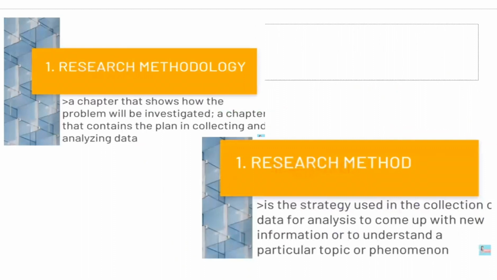So, in other definition, research methodology is the chapter that shows how the problem will be investigated, a chapter that contains the plan in collecting and analyzing data, while research method contains strategy or the collection of data analysis to come up with the new information or to understand a particular topic or phenomenon.